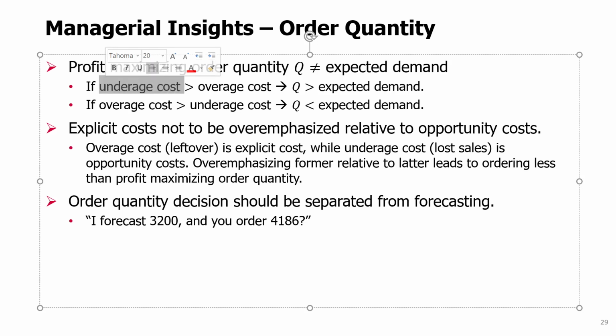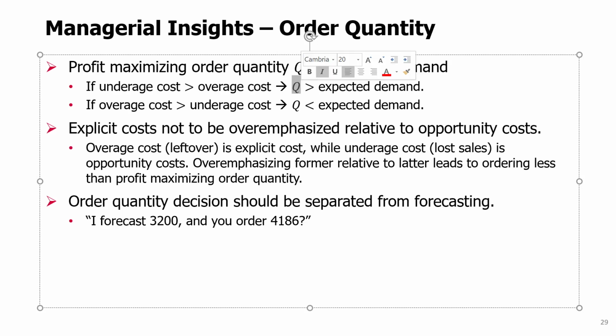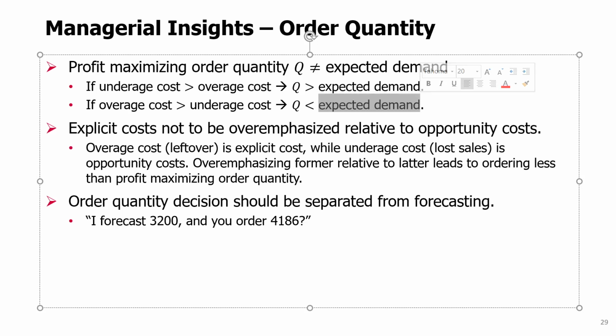Our underage cost was 80, our overage cost was 20, and the quantity was 4,000 something when expected demand was just over 3,000. If the other way around, if overage cost is higher than underage cost, then the quantity will be less than the expected demand. So maybe in this case our quantity would be 2,000 or 1,000 something when expected demand is 3,000.